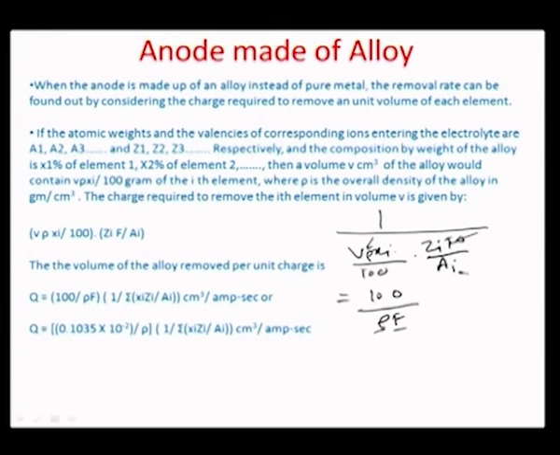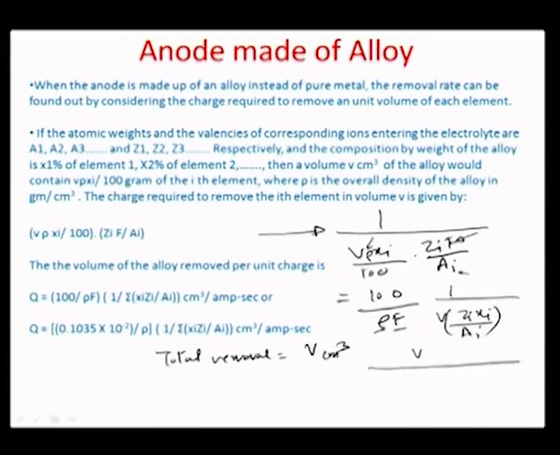The other part is 1 divided by volume times Zi xi divided by Ai, and for V volume, because total removal is V centimeter cube, the amount of charge that would be needed is really V for a unit volume. This is the charge which is needed.